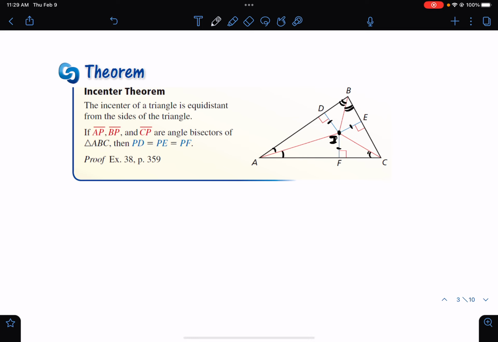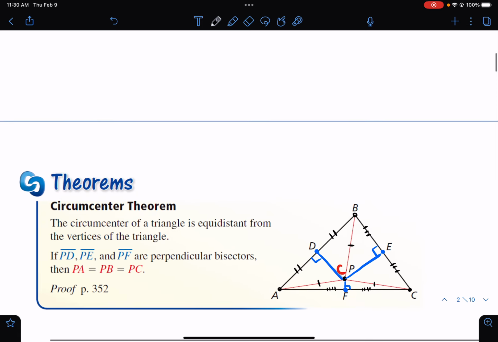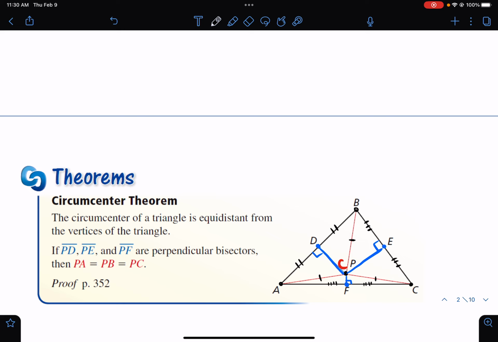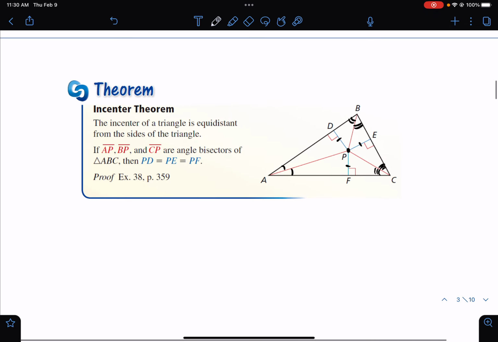And for angle C, the two halves are equal to each other. So we get a lot of information from knowing that this point in the middle where they're connecting is the incenter. It gives us very different information than the circumcenter. So you're going to have to use these details to help you solve math problems going forward.